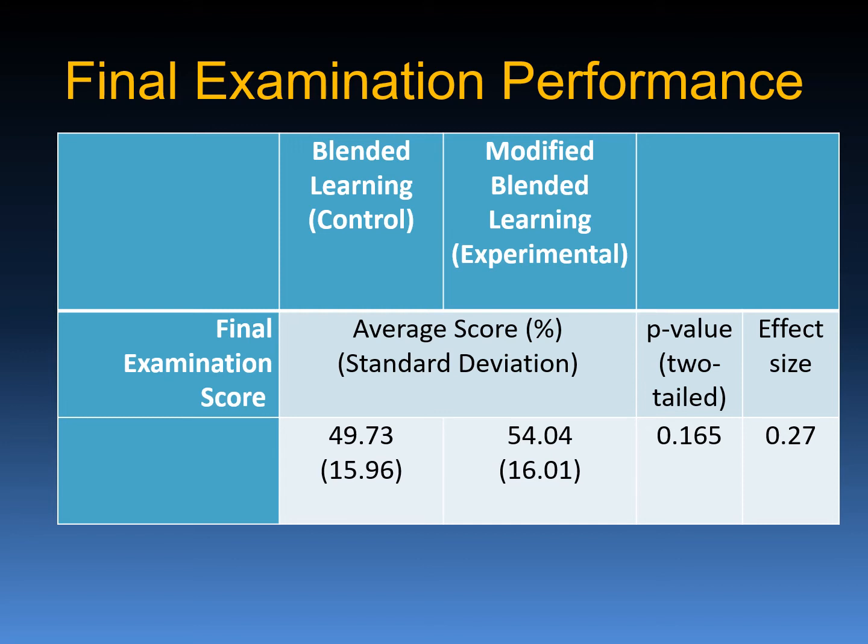We used GPA from the prerequisite coursework as a control variable. What we found is the difference in the average score was not statistically significant, but the effect size was 0.27 in favor of the modified blended learning, the blended classroom where we had cumulative and practice tests included.